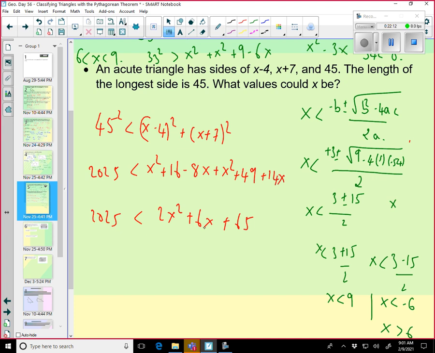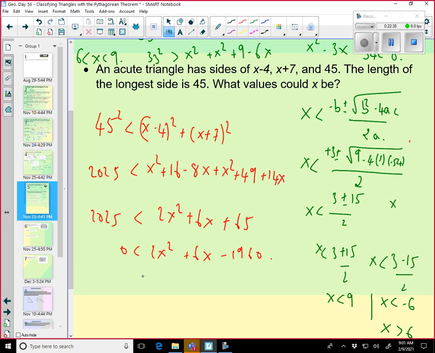And get everything towards this side. Zero less than 2x square plus 6x, and subtracting 2025, I'll have negative 1960.